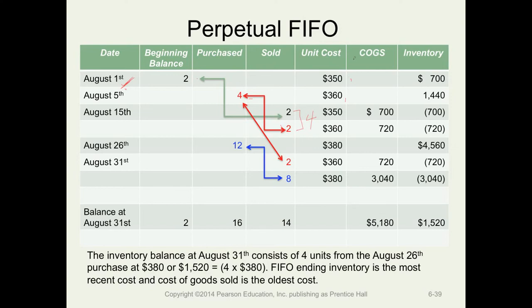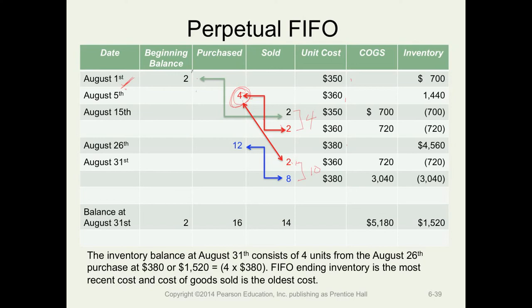Then you buy 12 units at $380. Next, on August 31st, you sell 2 more units, and those have to come from the August 5th purchase. So if you're selling 10, the first 2 come out of the August 5th purchase.